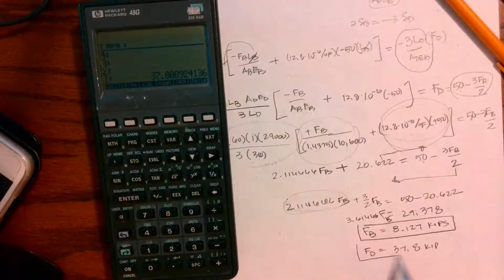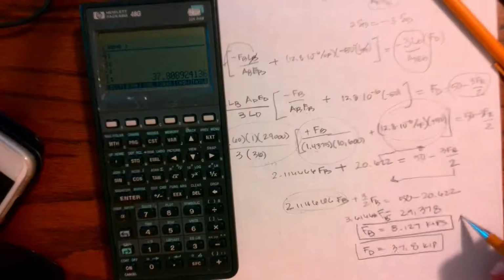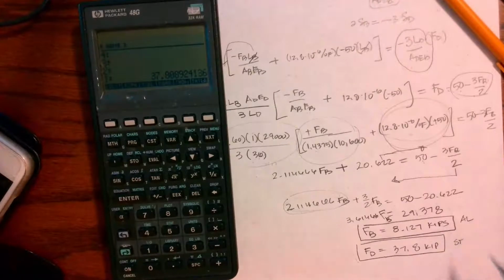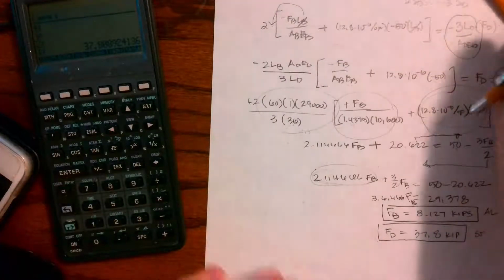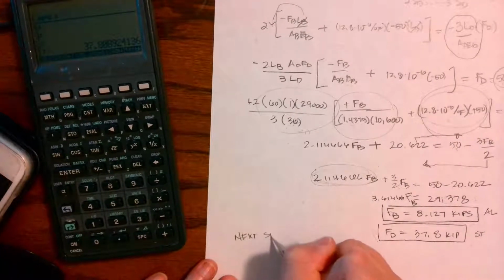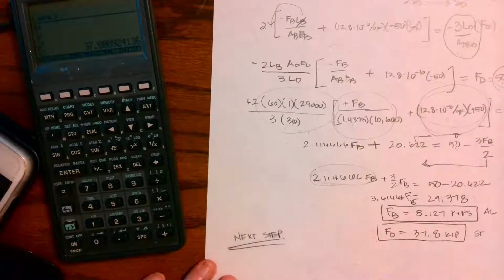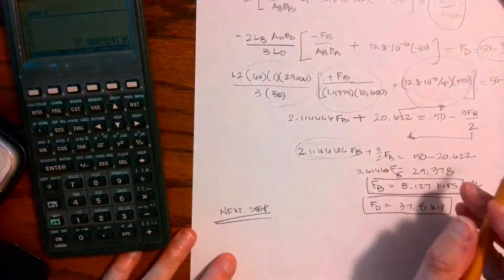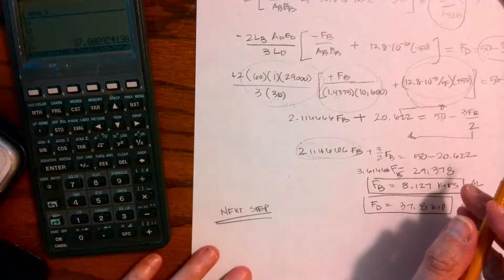So I'm going to recognize that this was my aluminum, and this is my steel. And so after I calculate these, the next step, always, always, always, is to make sure we didn't yield. So I know that for my aluminum, I think I wrote the yield stress somewhere, okay?